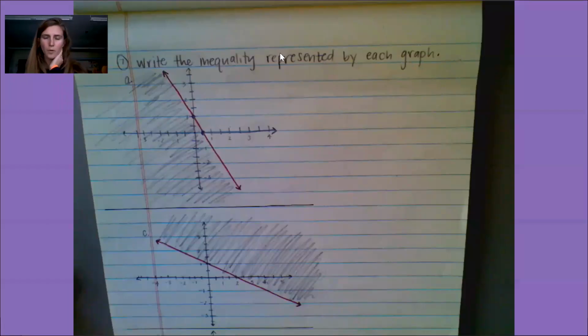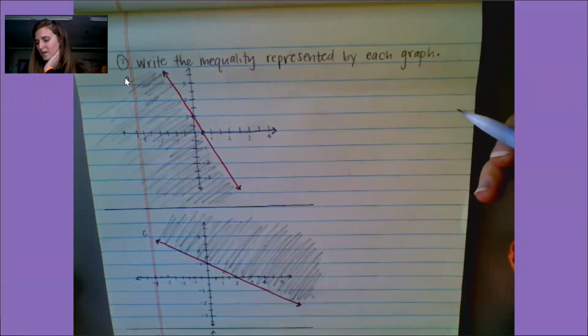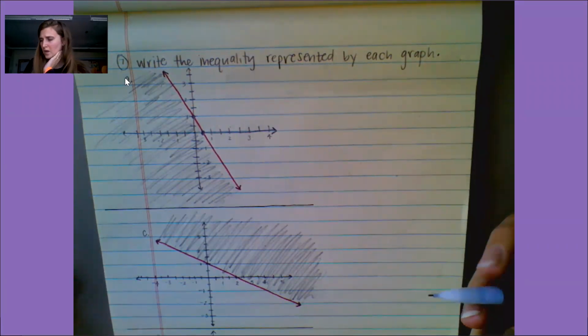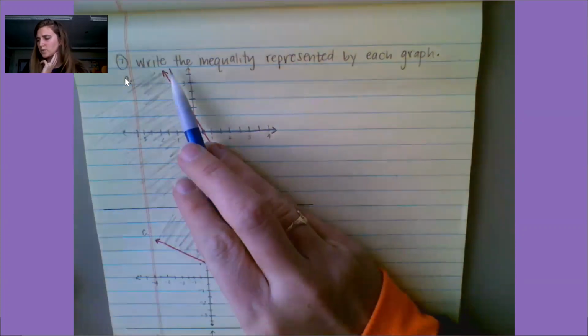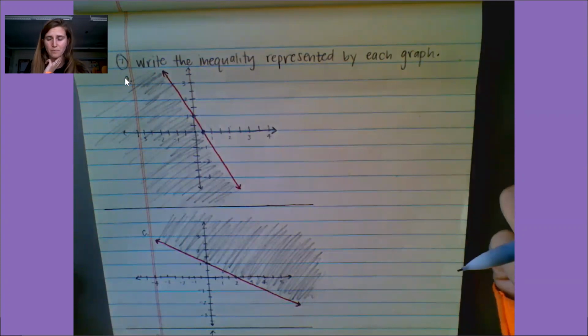We're going to work through number 7 in your practice problems as well. So I'm going to do 3 of the parts, and then there's 3 more that I want you to do on your own. What we're doing here is we're going to just write the inequality represented by each graph.